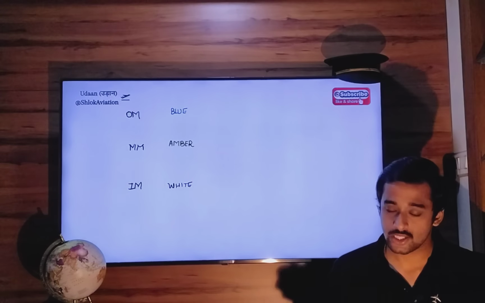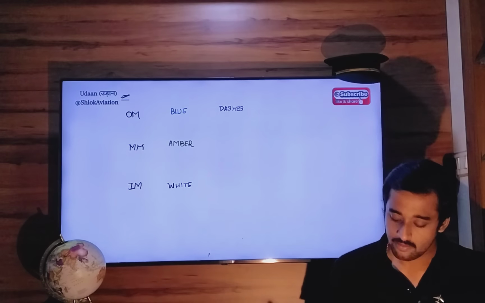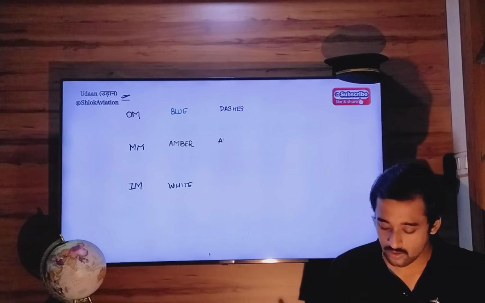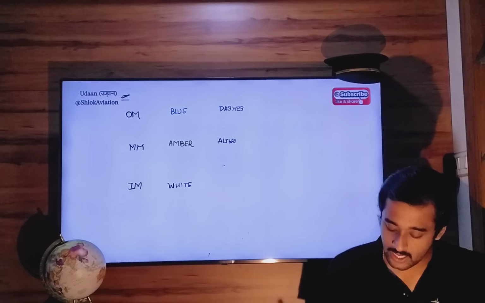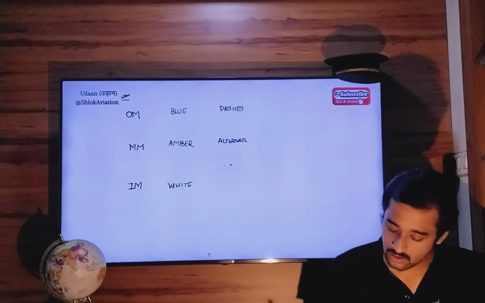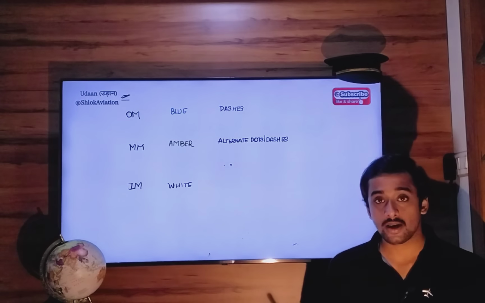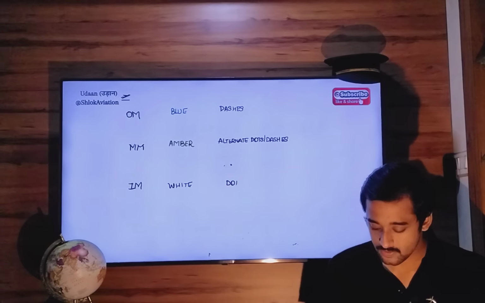Morse code identification: outer marker is continuous dashes, 2 dashes per second. Middle marker is alternate dots and dashes, and inner marker is continuous dots.